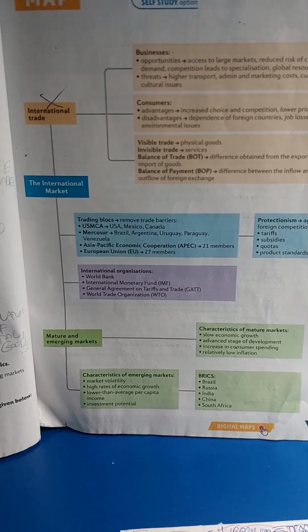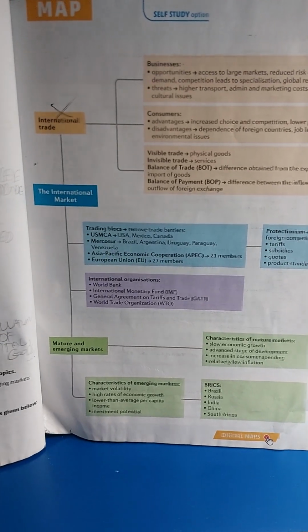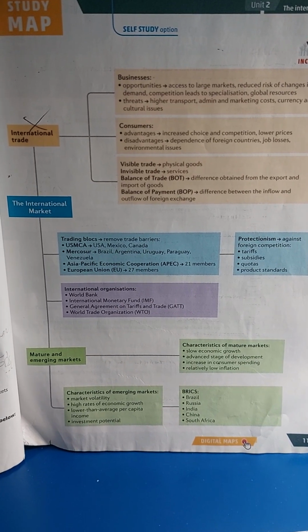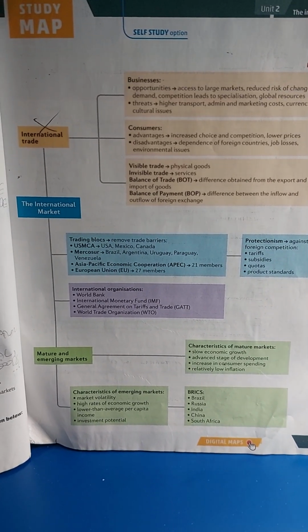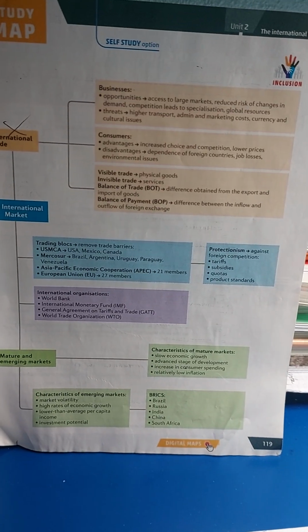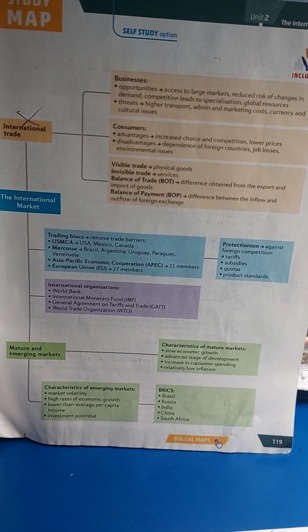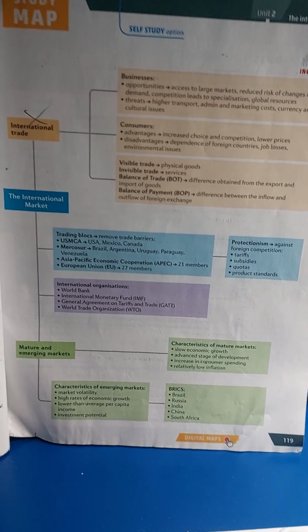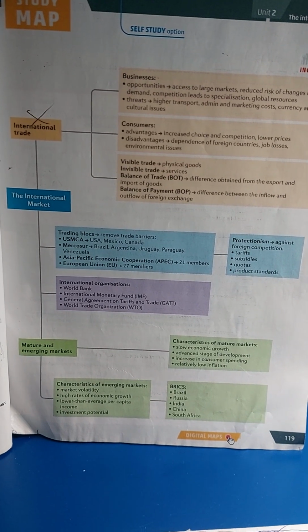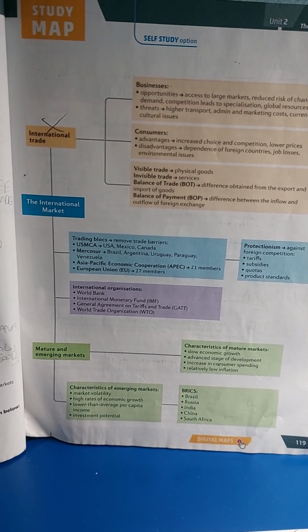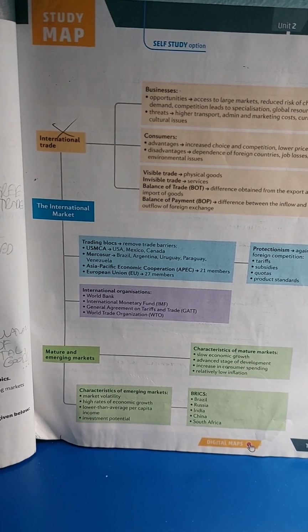Okay, and in the international market there are international organizations. For example, the World Bank, founded in 1944, which has to provide technical and financial assistance in order to develop economic growth.